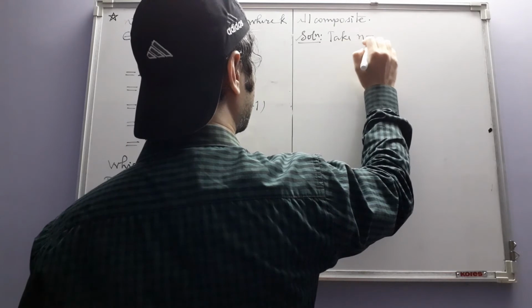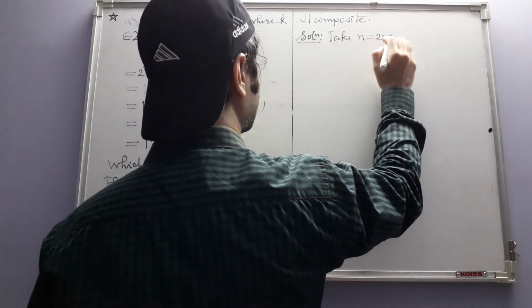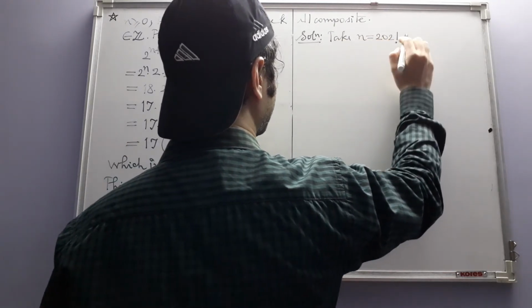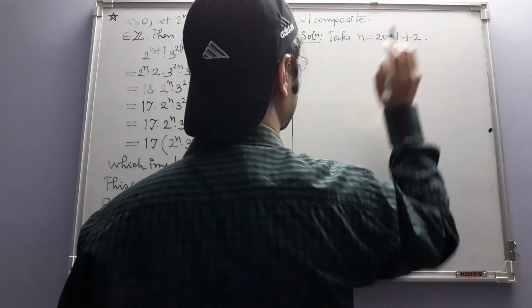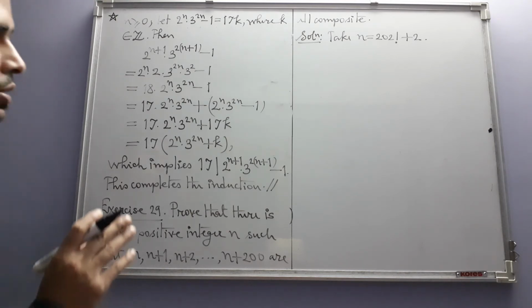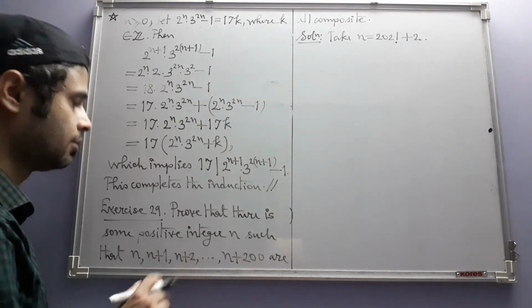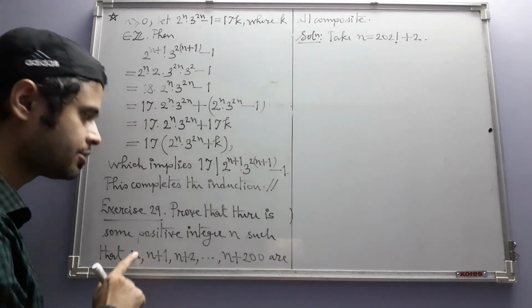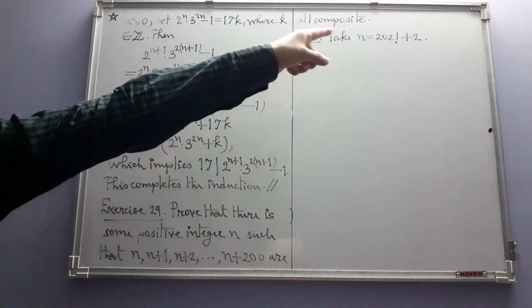Take n equal to 202 factorial plus 2. For this value of n, actually there are many other values also, this is one of the values. What happens to n itself? Is it composite?